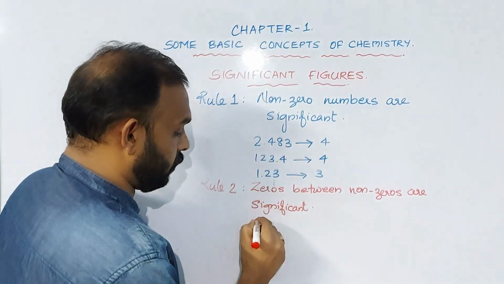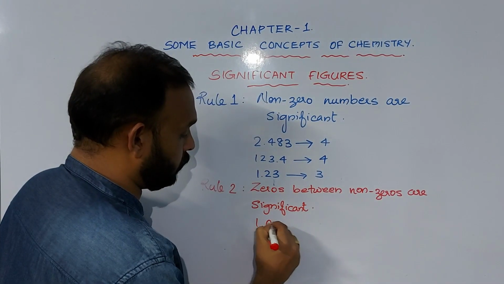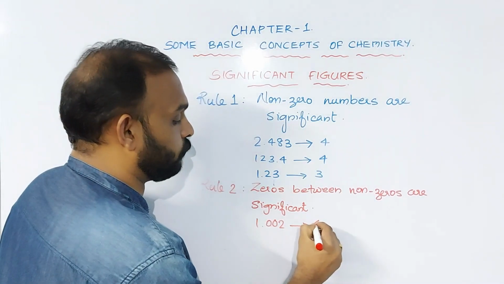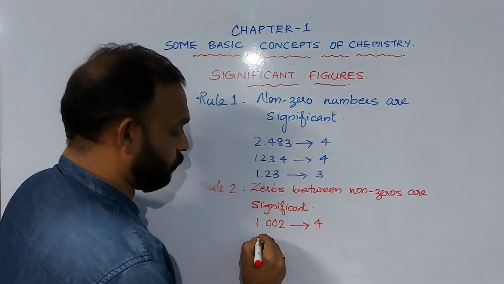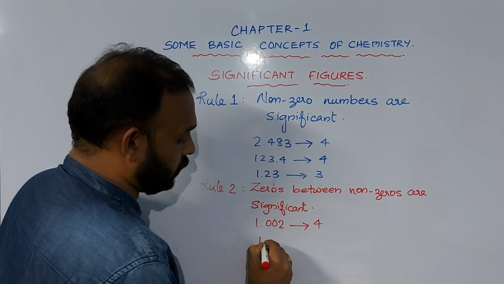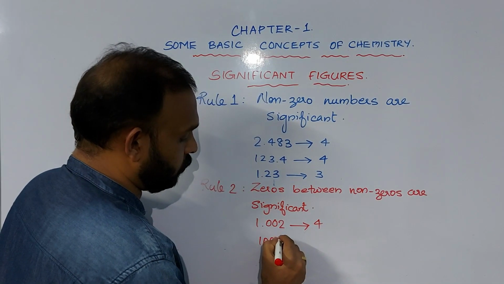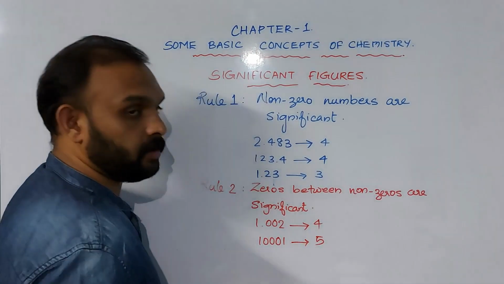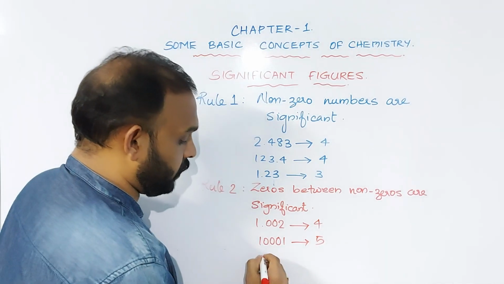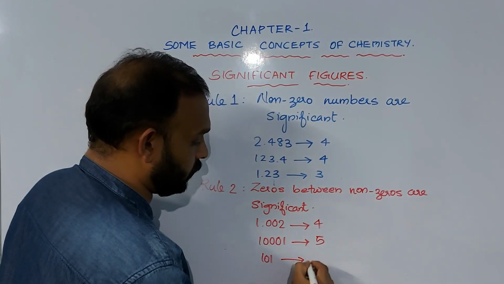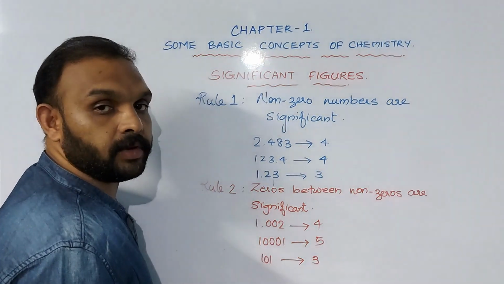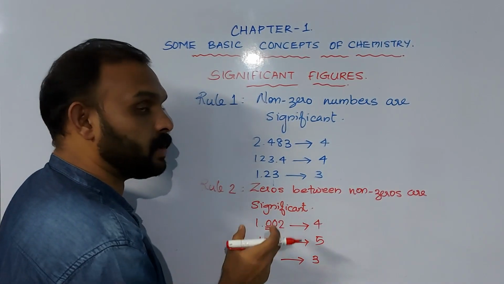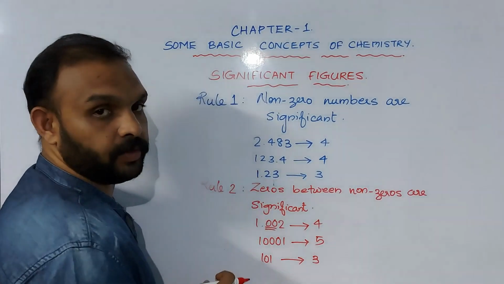That means if a number is 1.002, how many significant figures are there? We have 4 significant figures. If we have a number 10,001, how many significant figures are possible? 5 significant figures. If we have a number 101, how many significant figures? 3 significant figures. So the zeros between two non-zero numbers are considered as significant.